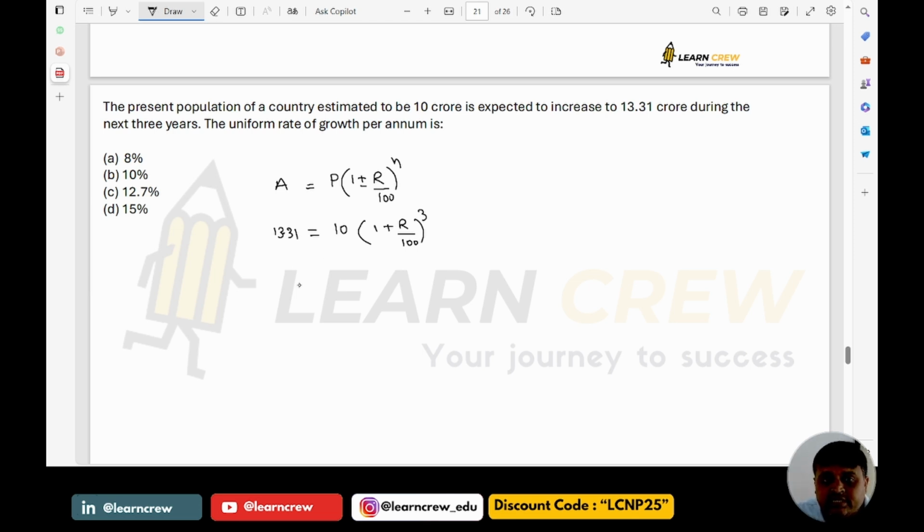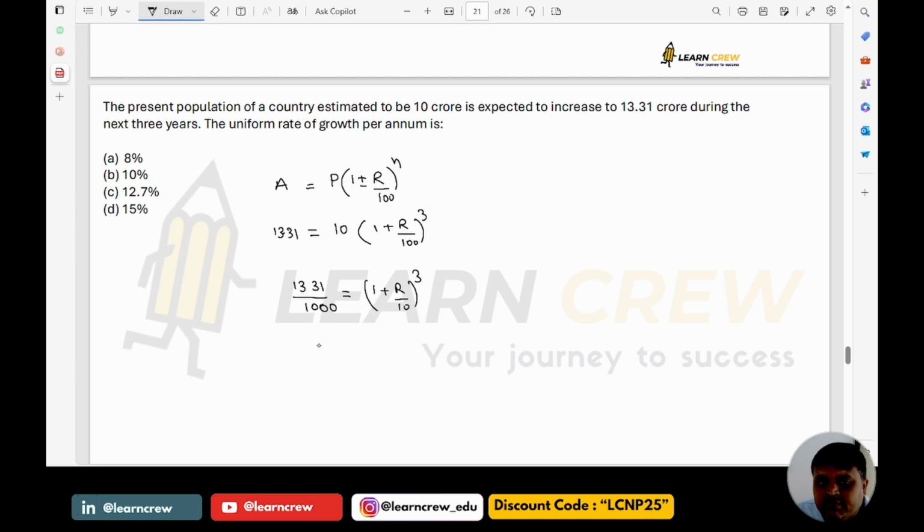Now see here, 13.31 divided by 10. I am multiplying the numerator with 100 and the denominator with 100. Thereby it will become 1331 by 1000, which is equal to (1 plus R by 100) whole cube.